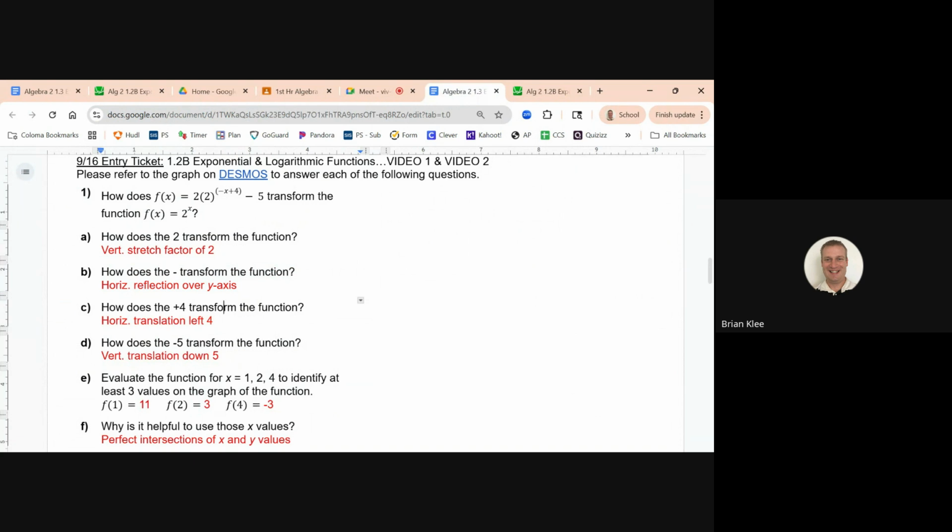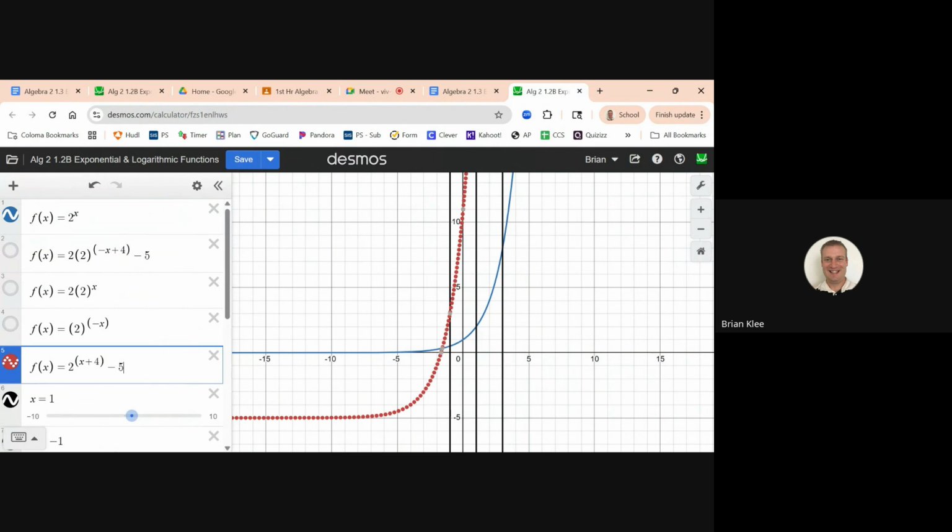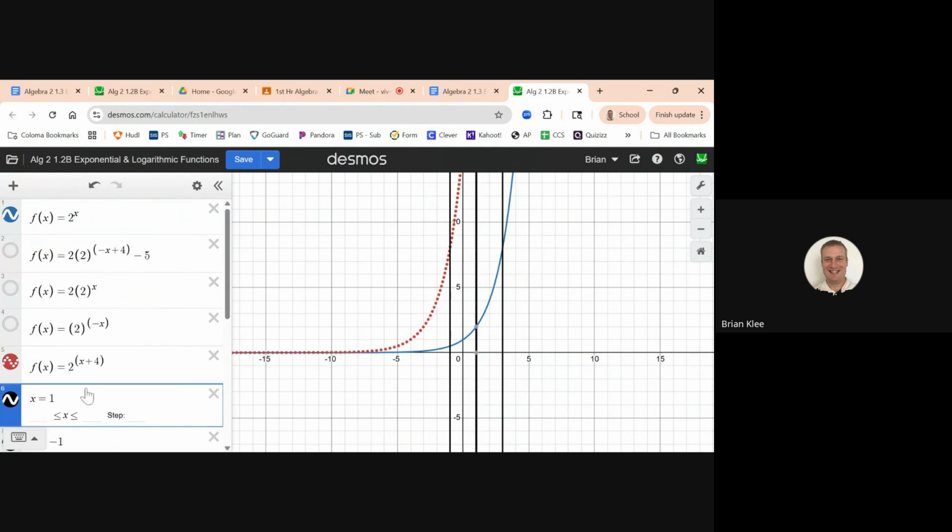How does the plus 4 transform the function? The plus 4 is inside the parentheses and part of the exponent. So looking at just the plus 4, what you should notice is we have shifted the graph. If I take out the minus 5 real quick, the graph has shifted over. I put a negative 4 in.